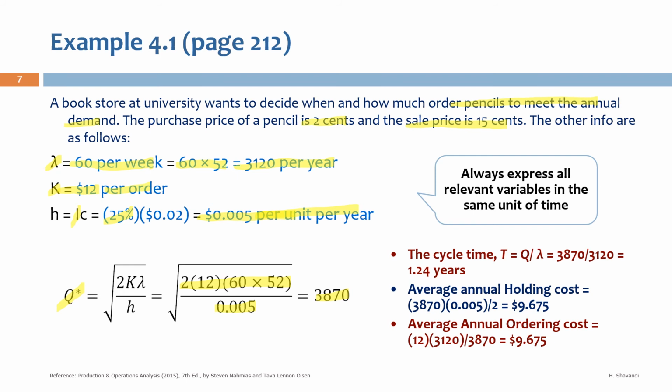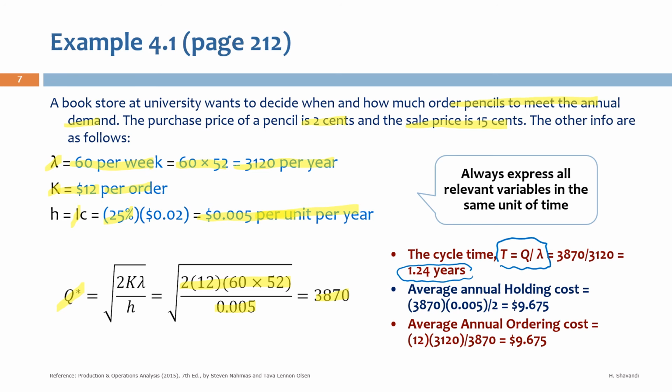Okay, by having this EOQ here, the cycle time will be Q over lambda, right? As you see here, the Q here is greater than the lambda. So the cycle time for order will be 1.24 years.